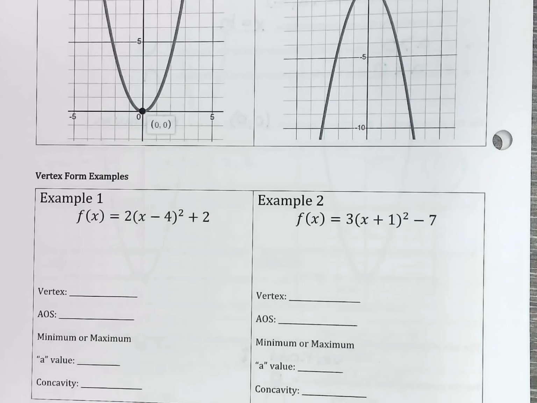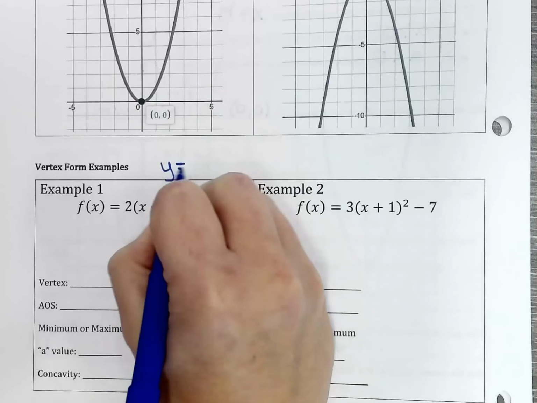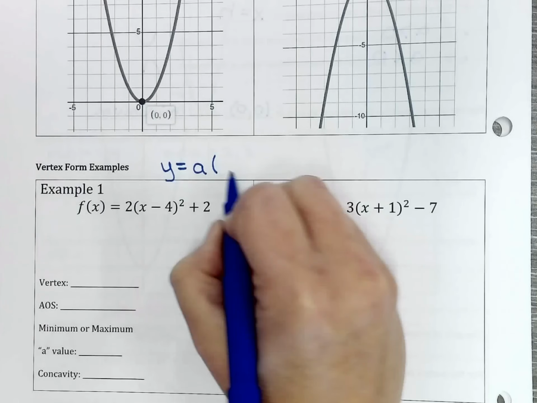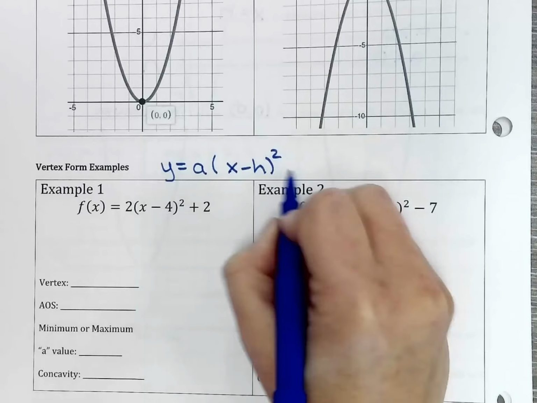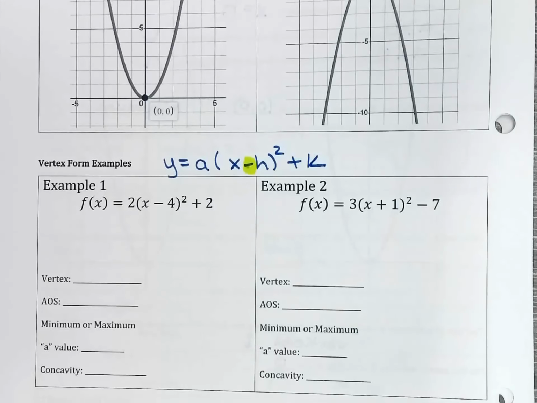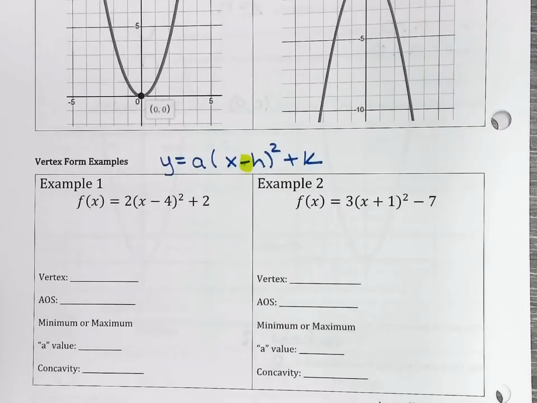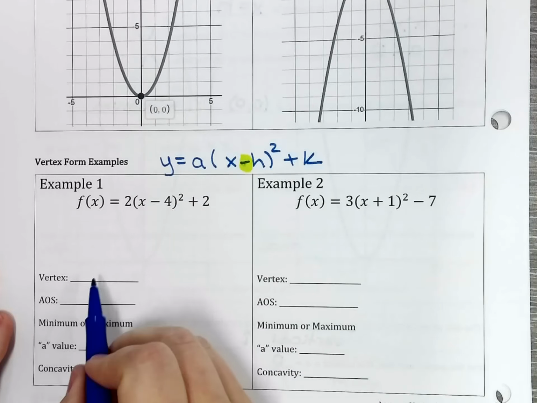So, the vertex form examples. Remember from the previous page, we have y = a(x − h)² + k. This minus right here belongs to the formula. So we need to pull the information from the vertex form. The vertex is (h, k).